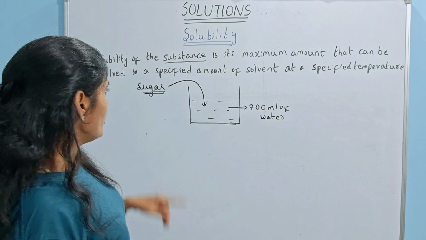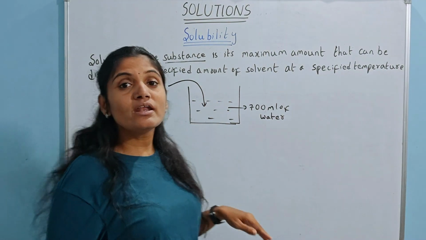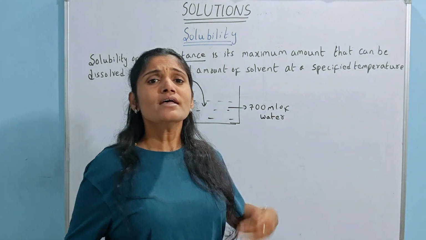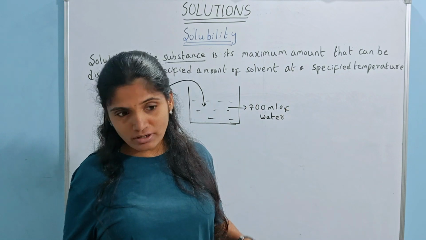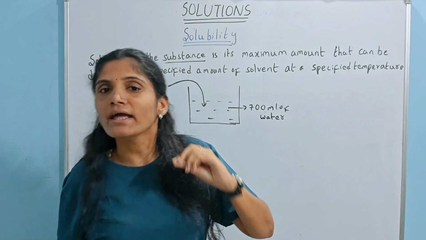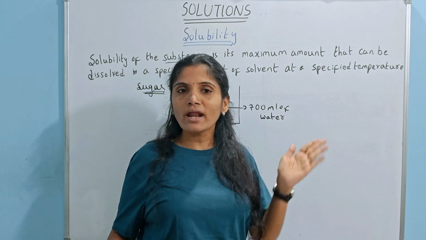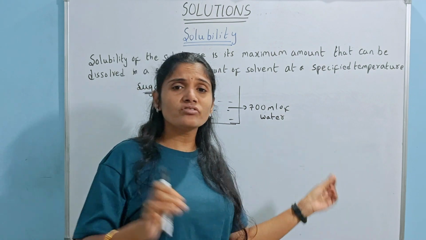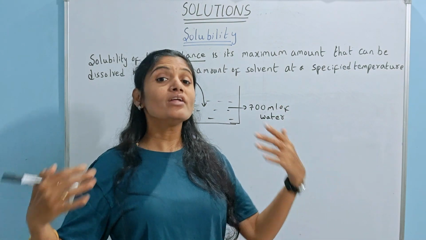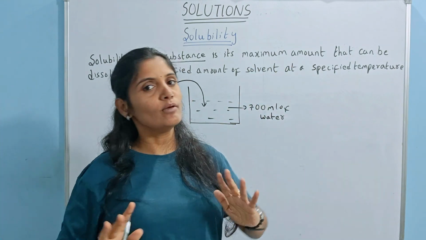So at that point, this solution will reach a saturation point. A saturated solution is that solution where you can no longer add any solute, or it is such a solution where the solvent is no longer able to take any more solute.